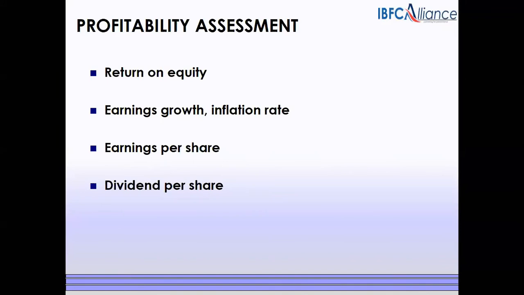For the year that just passed, the total amount of dividend that Nestle paid for each share was 70 naira. So when a company is paying 70 naira as dividend, it is understandable that the share price will be high. So earnings per share is extremely important to the investor, and dividend per share is also important.